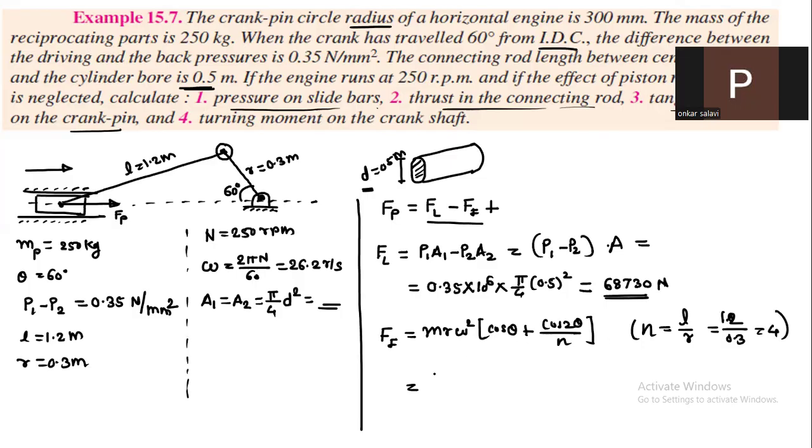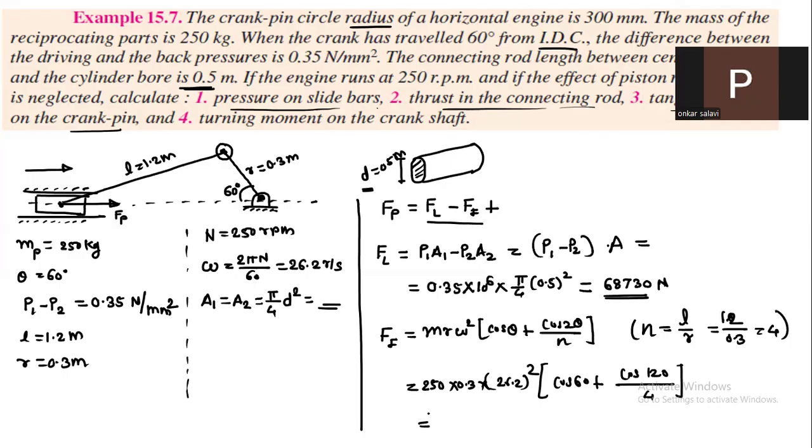Now put all the values. Mass of the piston is 250, radius of crankshaft is 0.3, omega is 26.2 squared, cos 60 plus cos 2 theta, means cos 120, divided by n which is 4. From this find out the value for Fi.